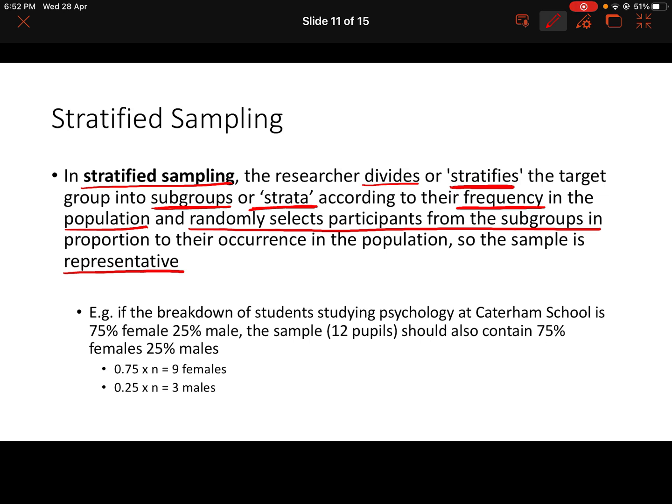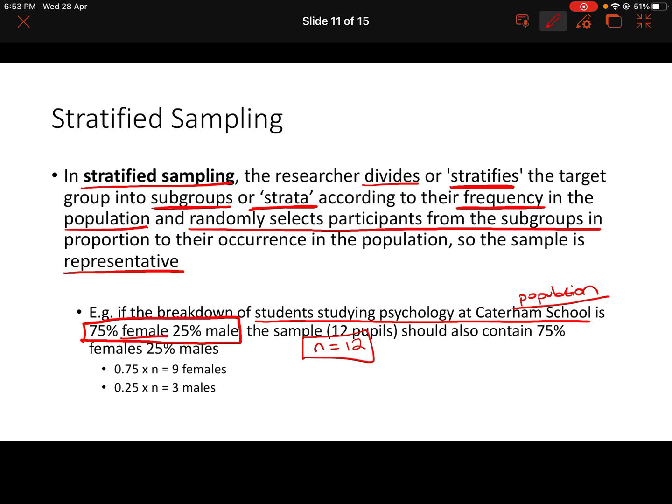Let's have another look at an example now. So let's take students studying psychology at Caterham School. This is our population. And our sample is going to be 12. In our population of A-level psychology students at Caterham School, we can see that we've got two subgroups.